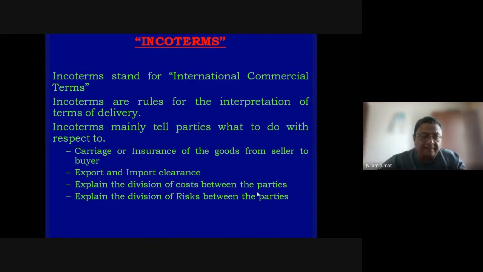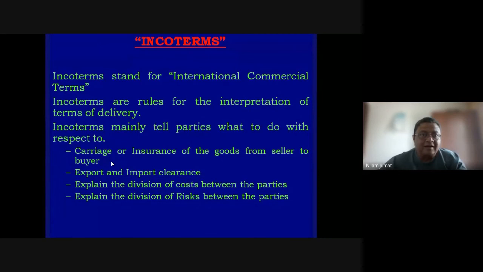Now, in doing these things, there are so many things involved, but basically Incoterms deals with them. When a person is taking a lorry hire from Norelia to Colombo, who is going to pay that? Is it the importer or the exporter? Please wait, let me show you what it is.